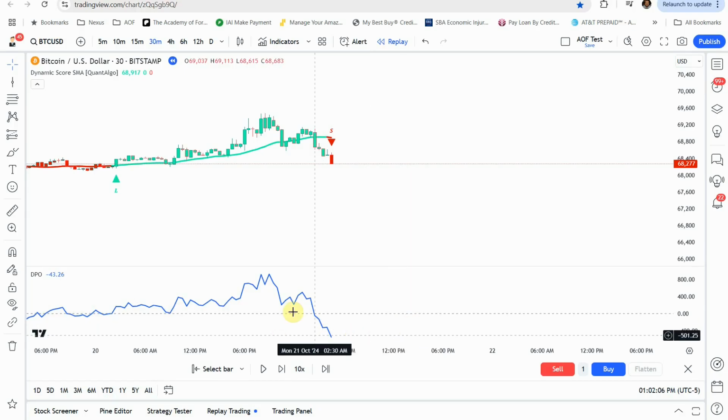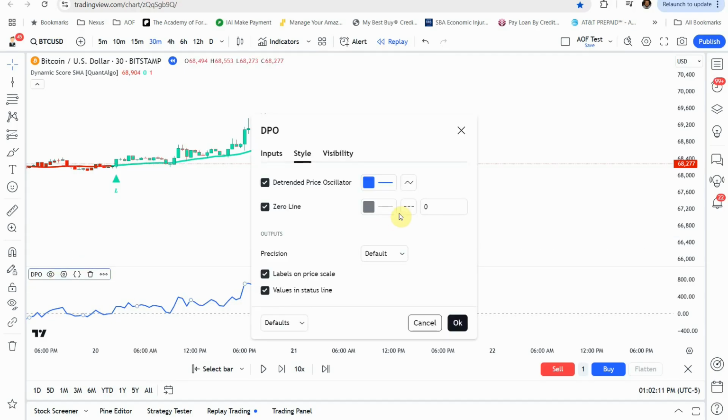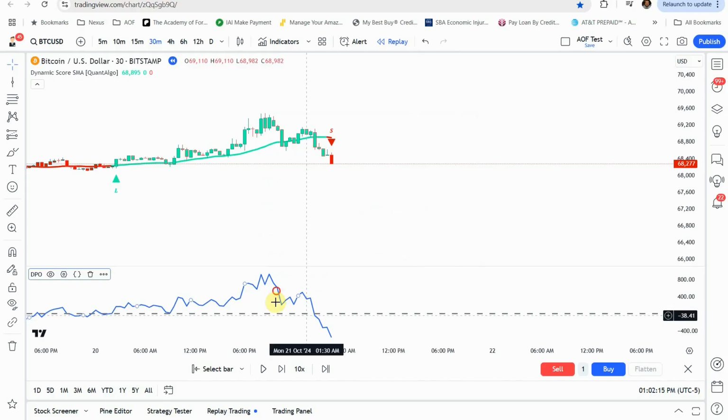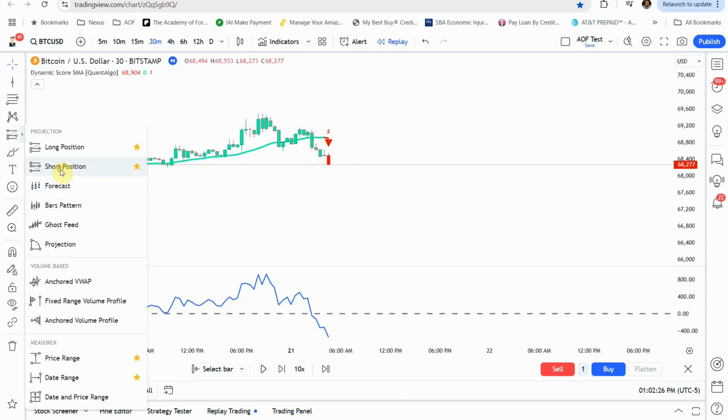If I move my cursor out of the way, you can see there's a dashed line right there. We can actually bump up the line weight of that a tad bit more, so that way it's really apparent where that's at. And so you can see the line is below that 0 line, that dashed line right there. And once that all lines up, that'll be the signal to then enter into a short.